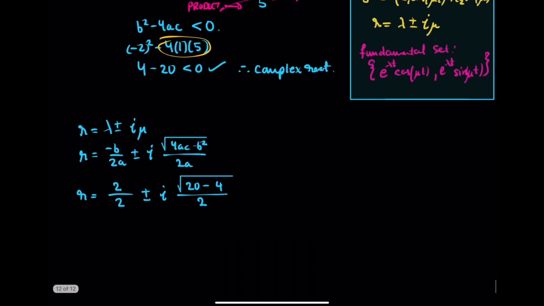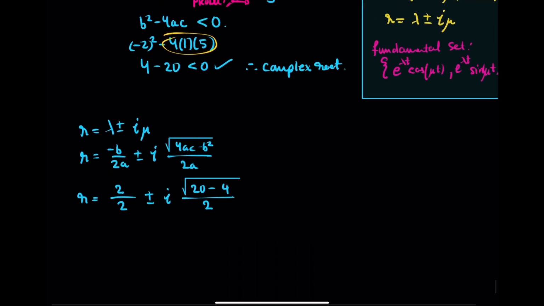So therefore r is equivalent to 1 plus minus i. 20 minus 4 is 16. Square root of 16 is 4, over 2. 1 plus minus 2i. That is your r. Okay?